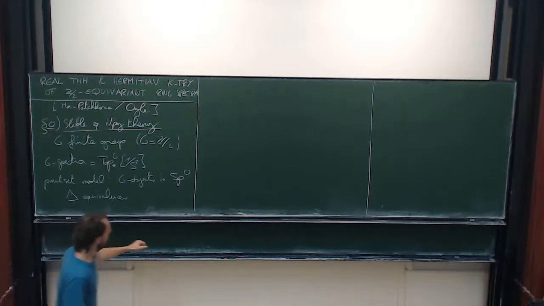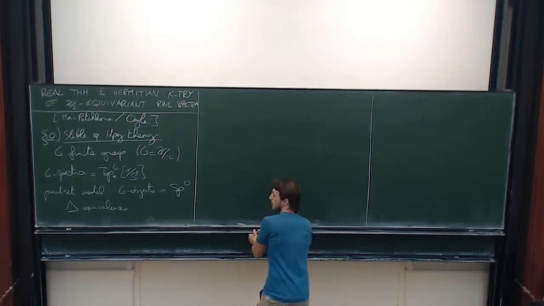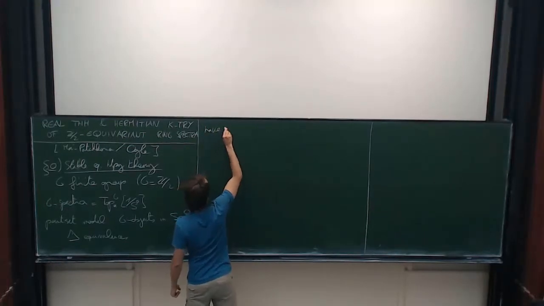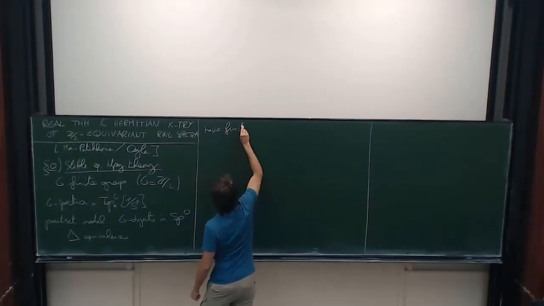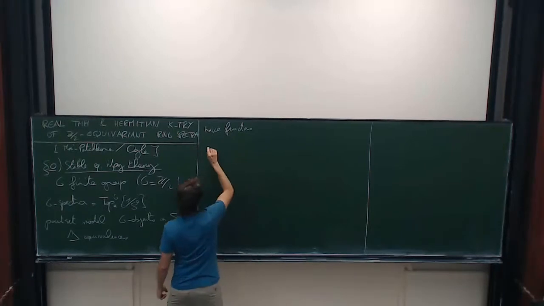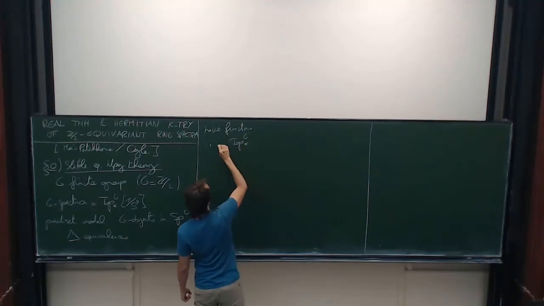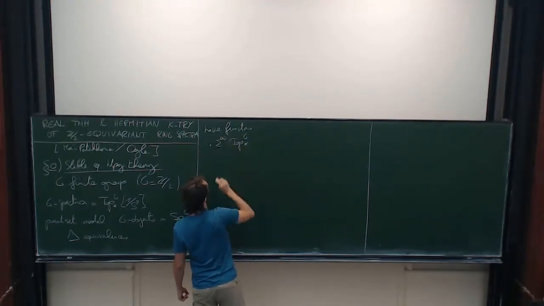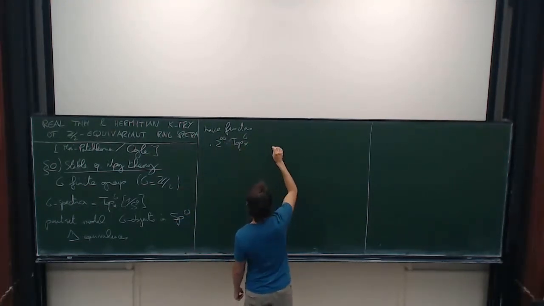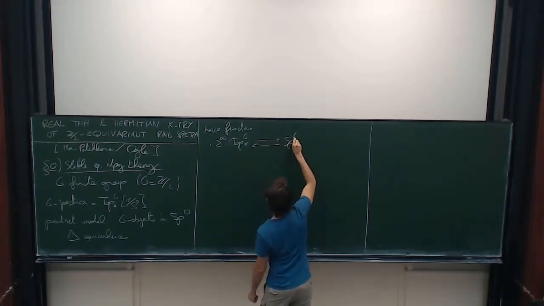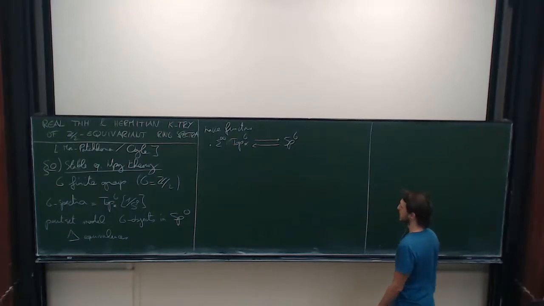Okay, and what are the features of this category? So we have important functors. From pointed G spaces, there is a suspension spectrum functor to this category of G spectra that I'm going to denote like this.